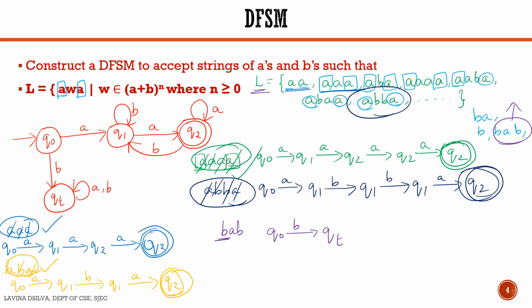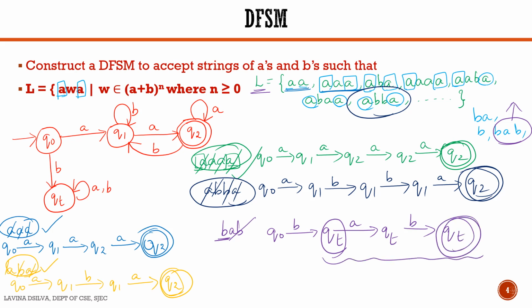Once it goes to Q trap state, if it sees any input, it remains in the Q trap state. The next character which we have is B. It will remain in the Q trap state itself. So irrespective, once it moves to the Q trap state, it cannot come back to any of the intermediate states or even the final state. It will remain there. It's a one-way.